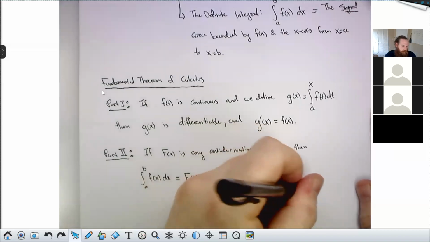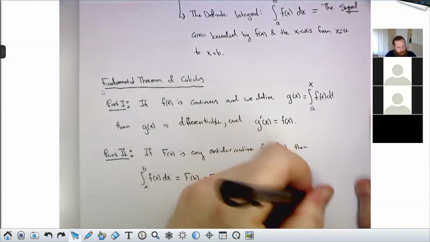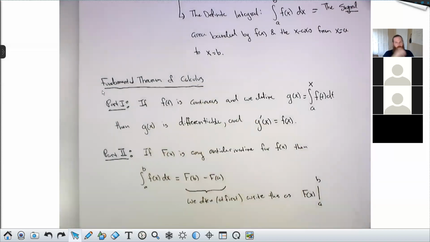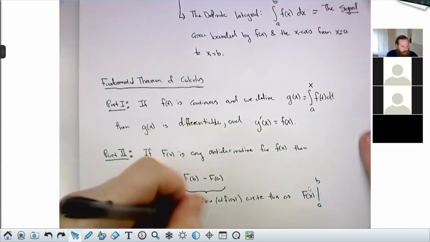as capital F with a vertical bar here like this, which just means take this function and evaluate it at these numbers, meaning plug these numbers in and then subtract.